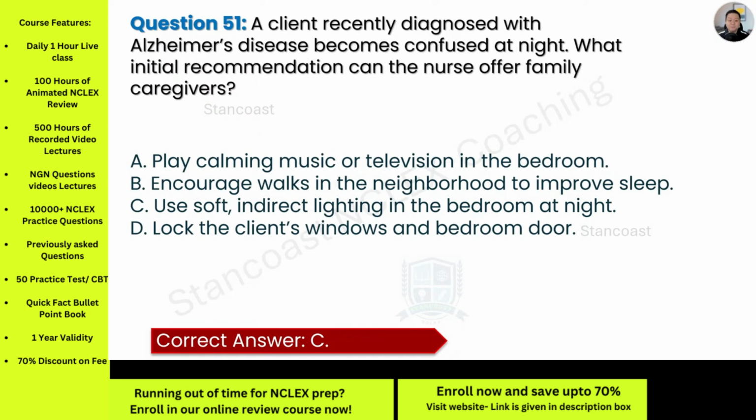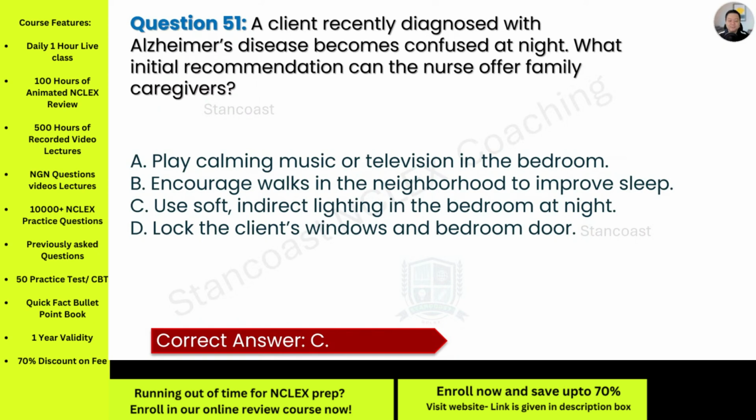And so you gotta select that practical, immediate solution, especially for the nighttime confusion, which will require actions that are simple, effective, such as using soft lighting to allow familiarization of their environment.